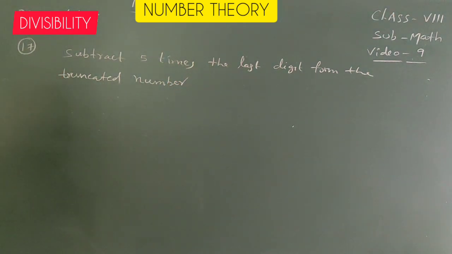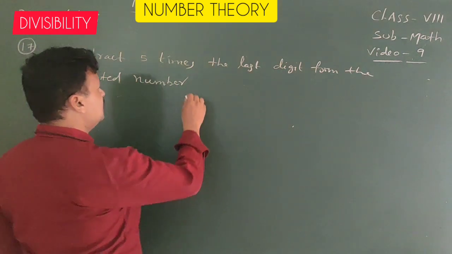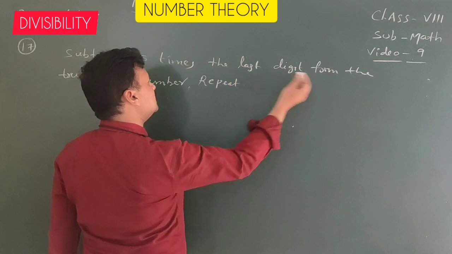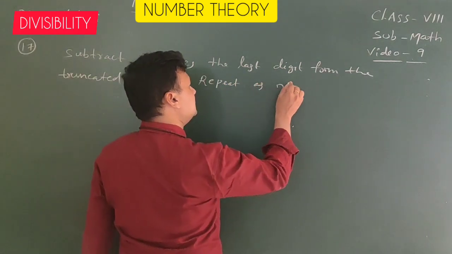Okay, subtract 5 times the last digit from the given number. Repeat this process as necessary.